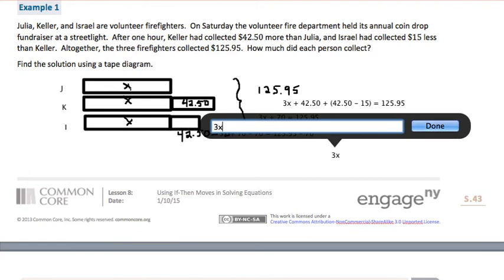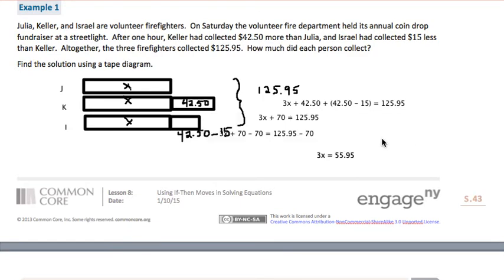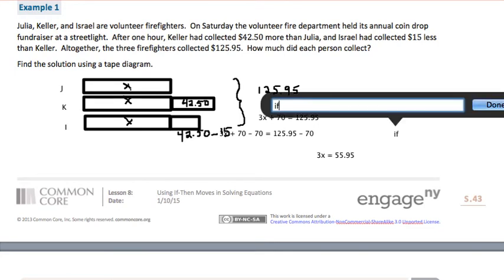And when we do that math, 3x equals 55.95. And if 3x equals 55.95, then 3x divided by 3 equals 55.95 divided by 3.